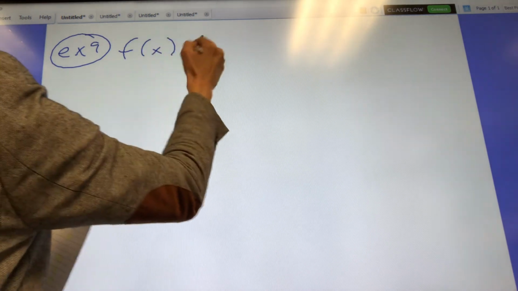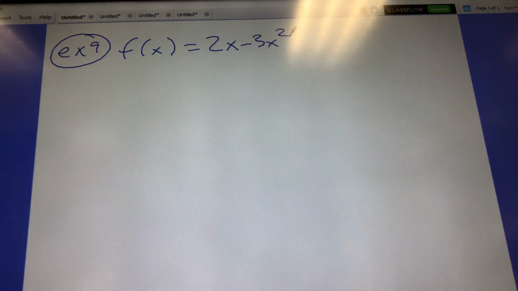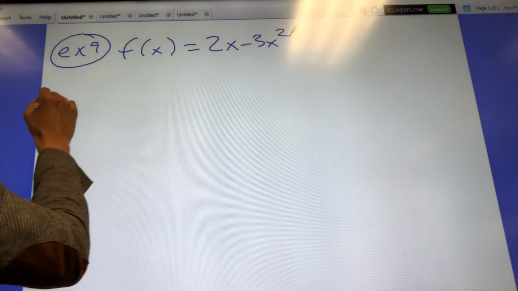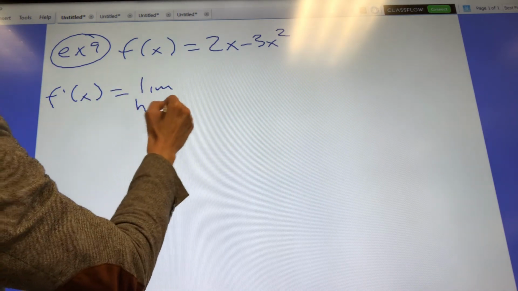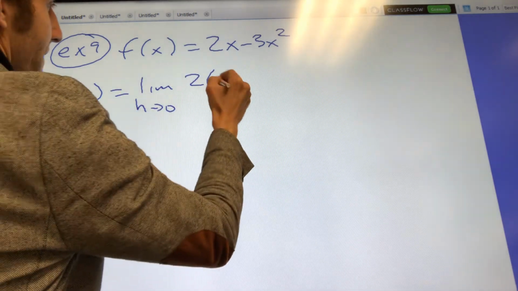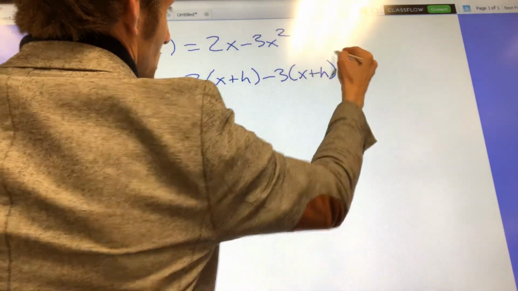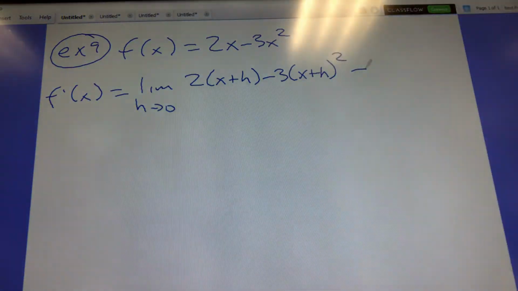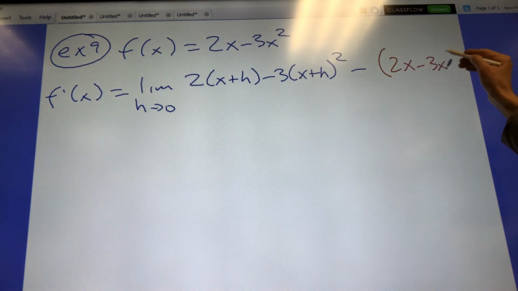f of x is equal to 2x minus 3x squared. Find f prime of x. So f prime of x is, again, the limit as h goes to 0 of f of x plus h, so I'm plugging in x plus h, minus f of x.